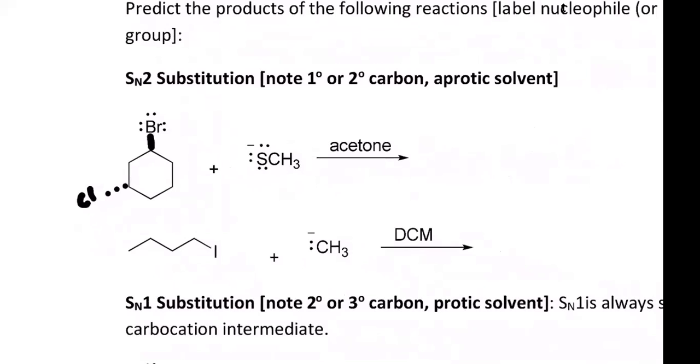This information up top includes some of the important characteristics of an SN2. You can't do it on a tertiary carbon. It's always going to be a primary or secondary carbon. And it must be done in an aprotic solvent.